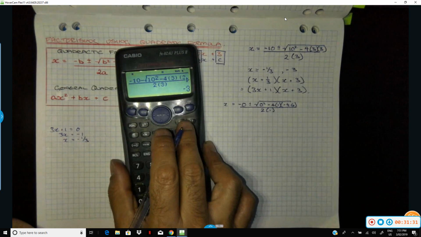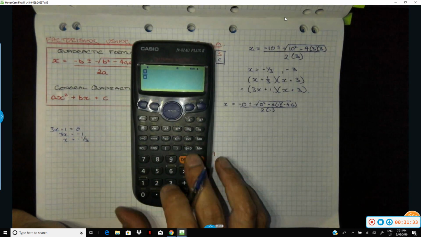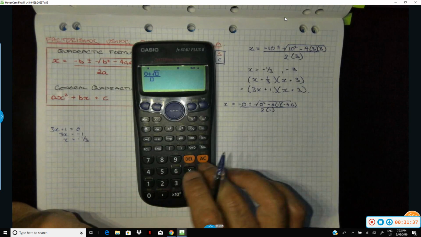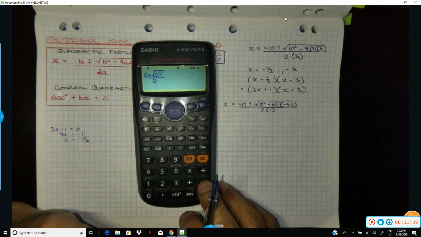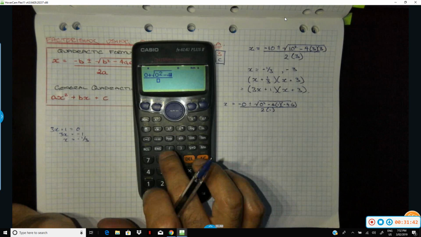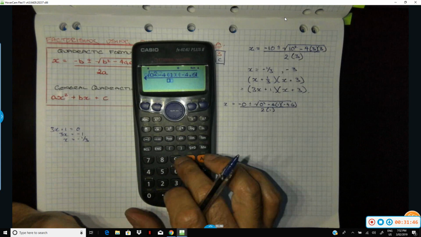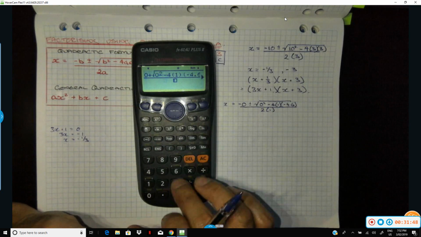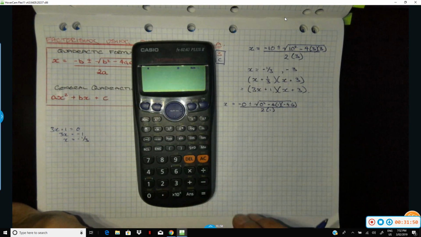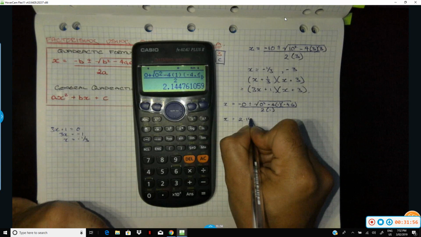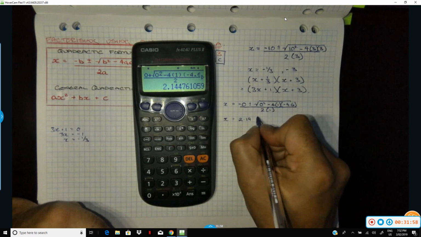Okay, so b is 0, so it doesn't matter, minus 4 lots of 1 times negative 4.6, and then over 2 times 1 is 2. So we get this value of x equals 2.14 to two decimal places.